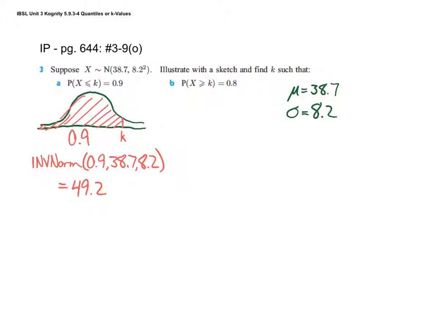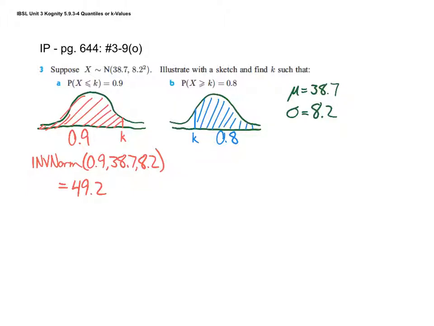The second one: the probability that x is greater than k is 0.8. This is one you have to be a little careful with, because the area above k is 0.8. However, what area does inverse norm always take?